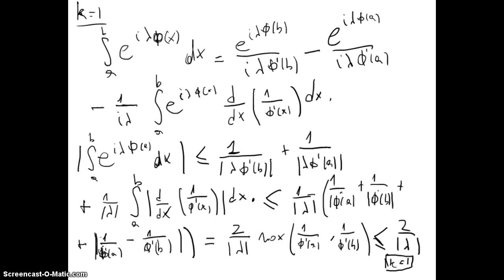I'm not going to do it, but one can bound the integral just by using the hypothesis that the k-th derivative of phi is greater than or equal to 1. Using that, one can prove by induction the bound c_k lambda to the minus 1 over k.